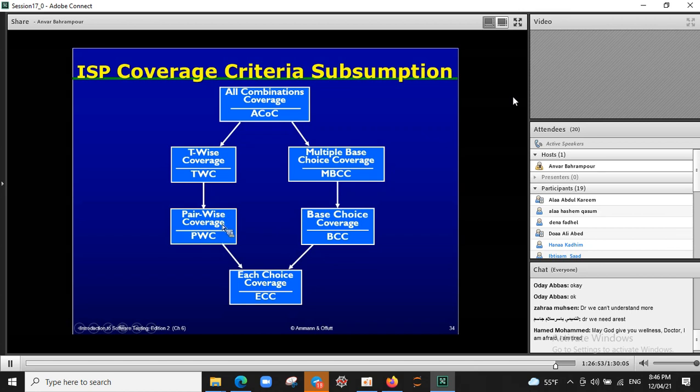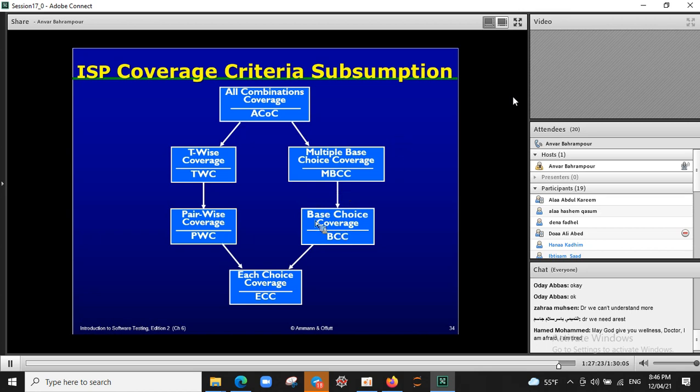For example, I said that we combine the characteristics of our domain modeling blindly in these 2 coverage criteria. And then we have extra knowledge about the domain of our program, about the program under test.